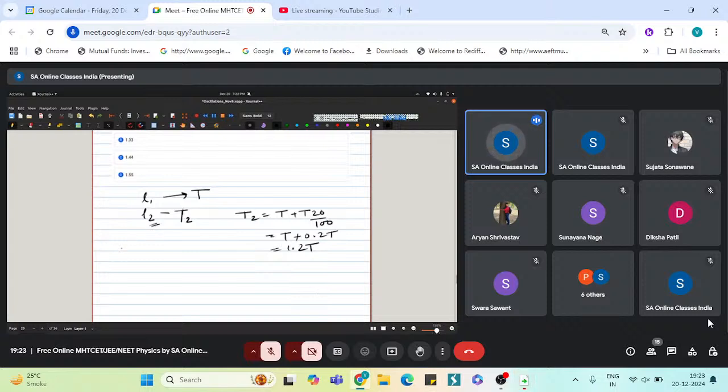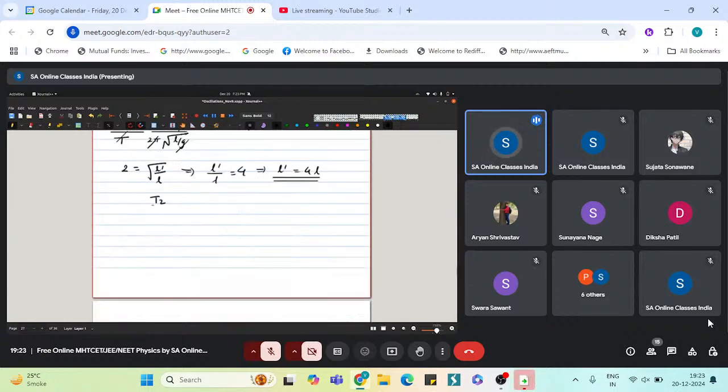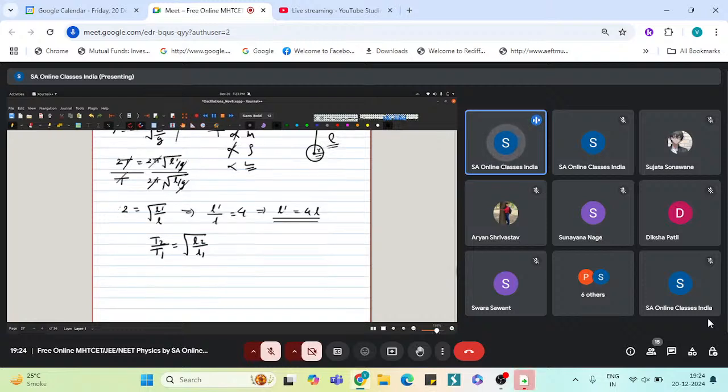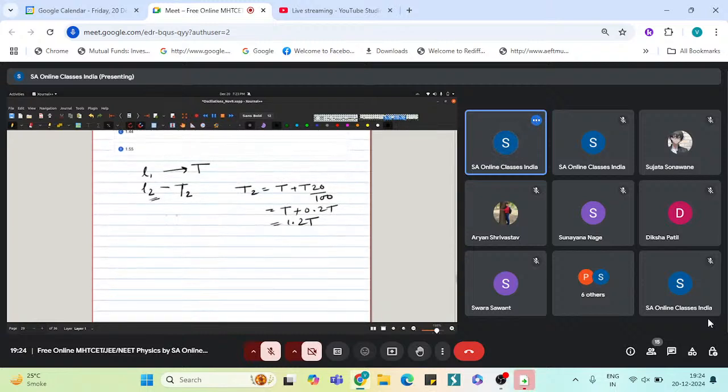And then we'll write a similar kind of ratio again. If you noticed in this question, the relation of T2 upon T1 is in terms of L2 upon L1. Because this was our T dash upon T, which is equal to root of L dash upon L, we can just take the same thing in the below question. We'll write T2 upon T1 is equal to root of L2 upon L1.